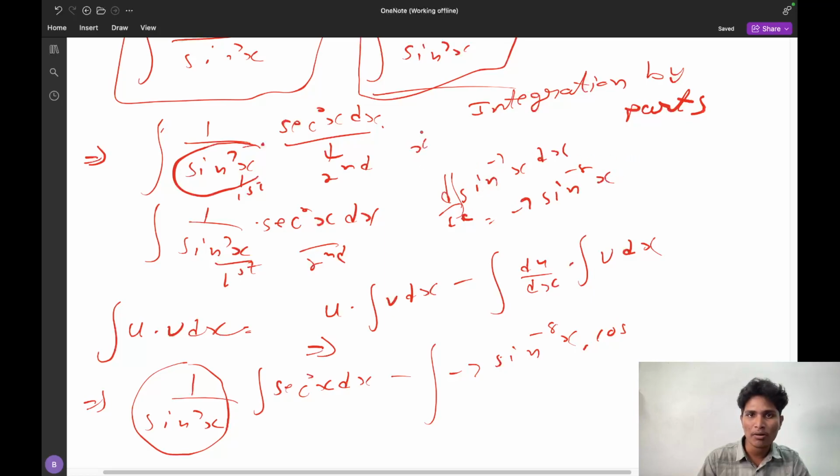It is the same as x power minus 2: the differentiation is minus 2 into x power minus 3, into the differentiation of x, which is 1. What is the differentiation of sin x? It is cos x. So just write here cos x and the integration of secant square x dx.